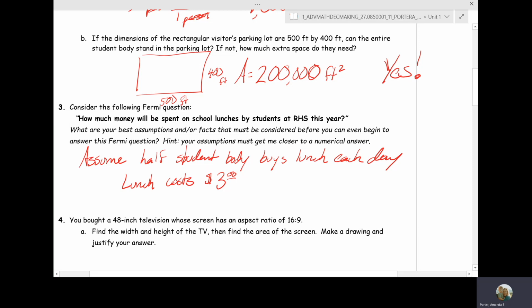But we're going to assume that lunch costs $3. So these are assumptions, or facts that I would need to know to help me get to an answer. You might say that RHS has, we've already said, 2,300 students. So we could use that 2,300 to get half the student body. We could multiply it. Again, I'm not asking you to give me an answer to the question. I just need you to give me facts or research or assumptions that will help me get towards an answer. There's lots and lots of different things.